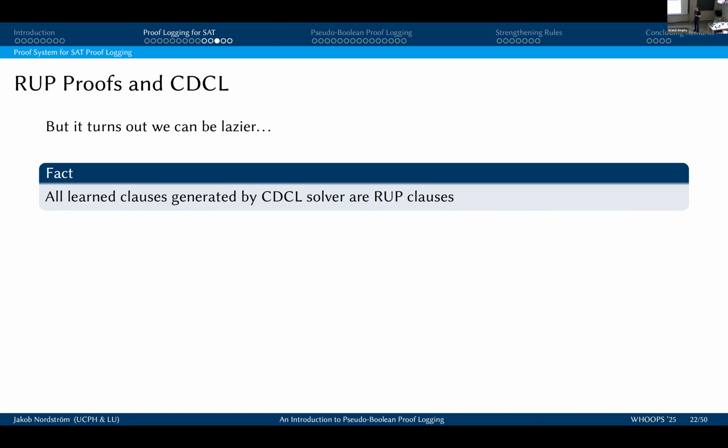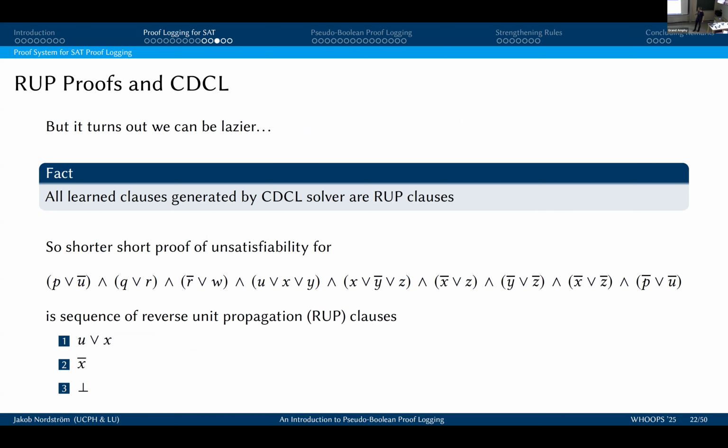If I want to minimize proof size, it turns out that I could actually be slightly smarter. I could get a smaller proof at the cost of making life slightly harder for the proof checker. Because all the clauses a CDCL solver learns are guaranteed to be verifiable by reverse unit propagation. So here is a list in order of the clauses the solver derived, and I claim that they're all correct. So let's see this.